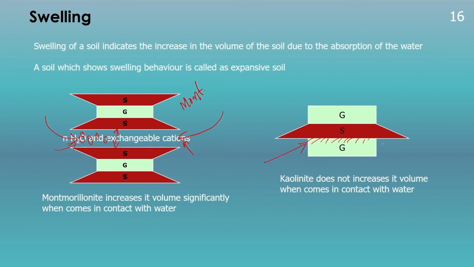Therefore, water cannot penetrate into the interlayer of these silica and gibbsite sheets, so it will not expand when kept in contact with water. Therefore, the swelling of kaolinite will be very low, whereas the swelling for montmorillonite will be very high.